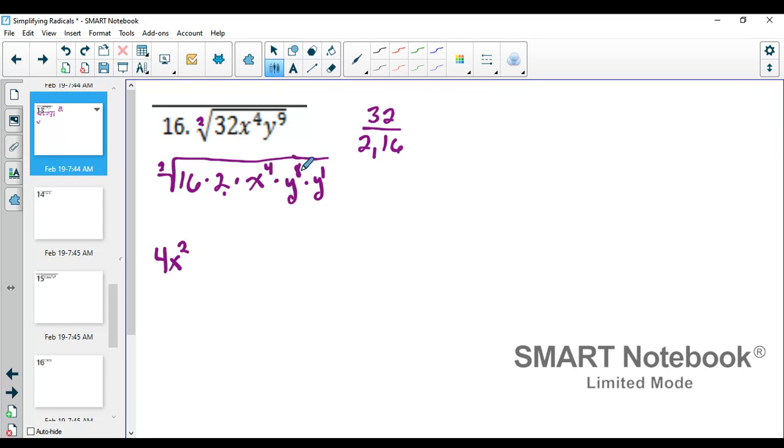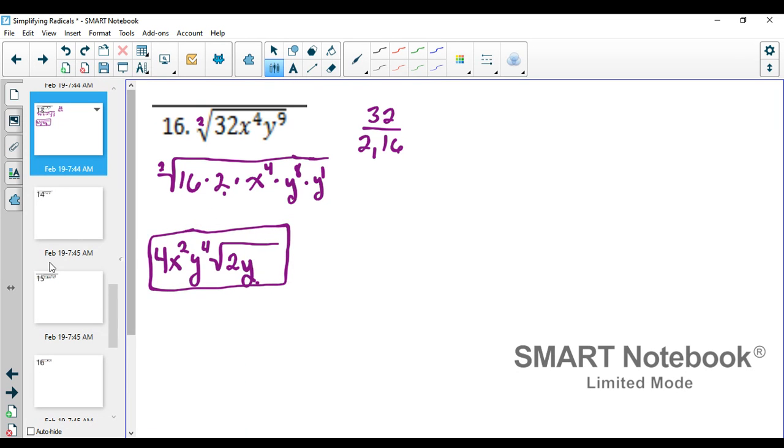And then you take the 8 and divide by 2, so it's y to the 4th. And then anything that didn't divide evenly, in this case 1 doesn't divide by 2 evenly, so that's why that y is going to stay there. So the 2 is what's left of the number, so the 2 stays under the radical sign, and this y to the 1st stays under the radical sign. And then that is our final answer, simplified.